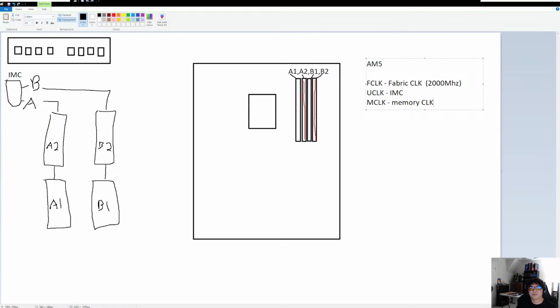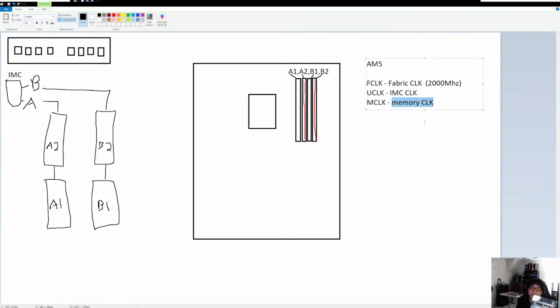What's unique about this one, remember that DDR5 is double data rate. So the MEM clock is always going to be the true actual memory clock, which is half of the advertised memory speed on the box. For example, I've got some G.Skill Flare X5.